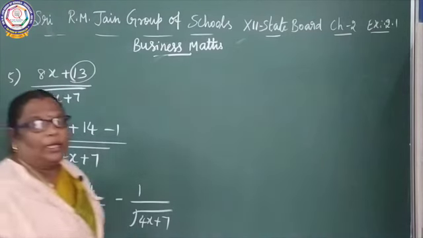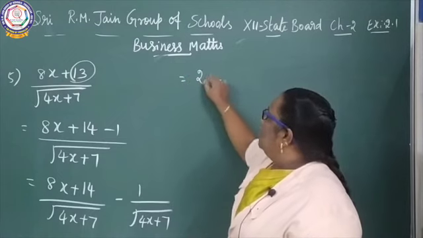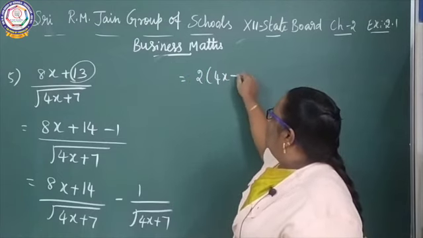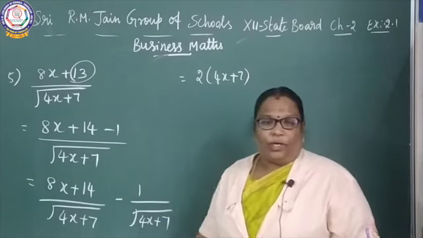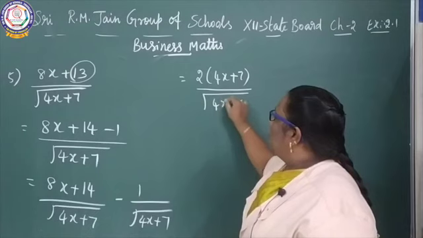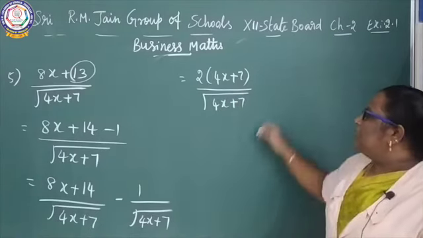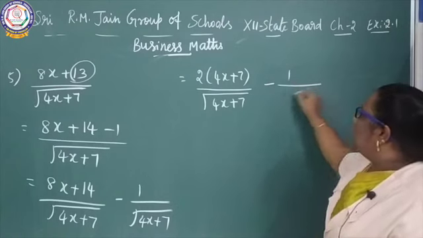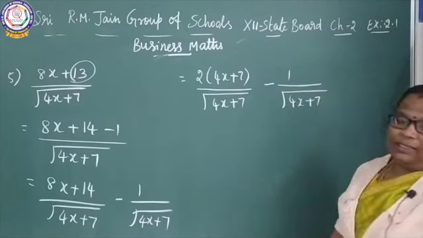Now you can take 2 commonly out. So what is the value you are getting? 2 into (4x + 7), because 7 2s are 14, by root of (4x + 7), minus 1 by root of (4x + 7).